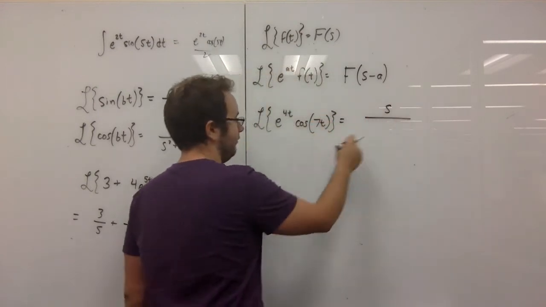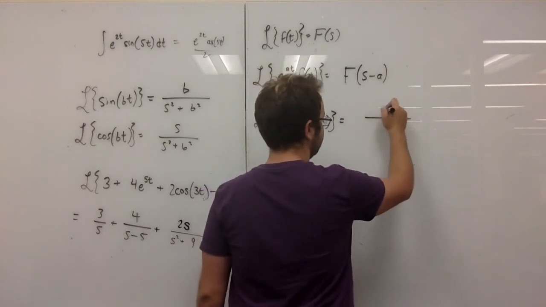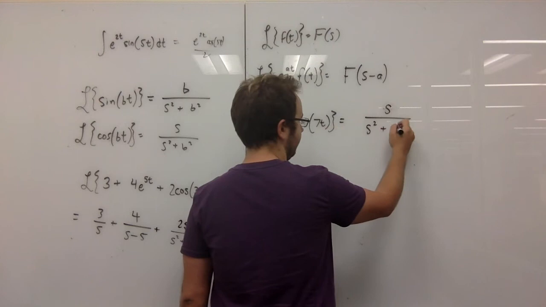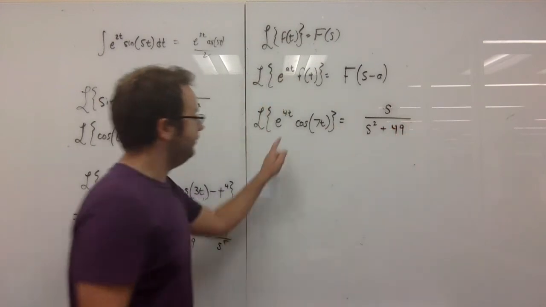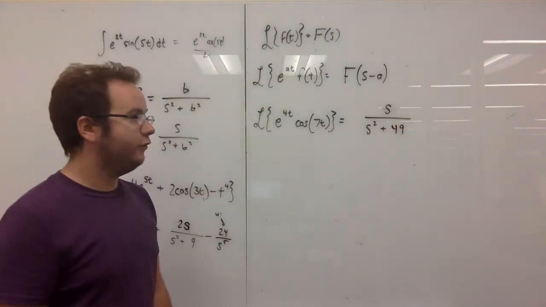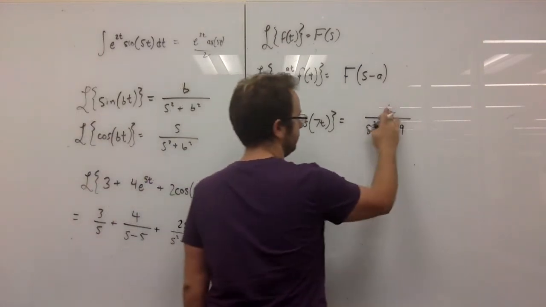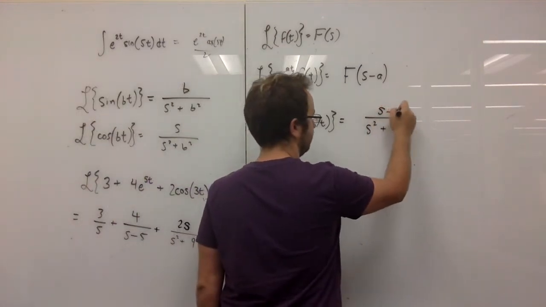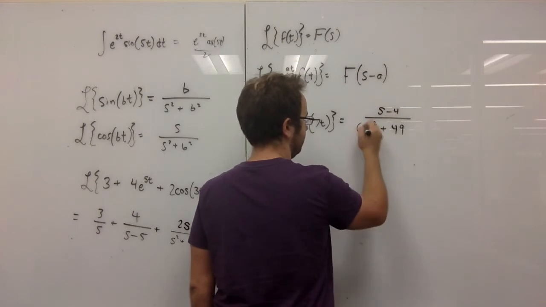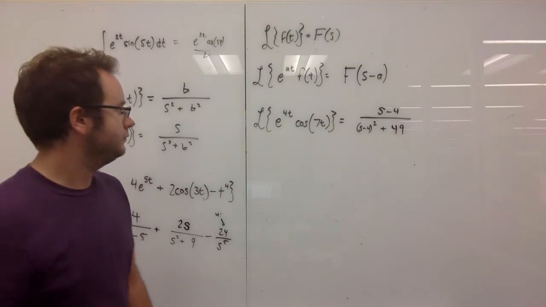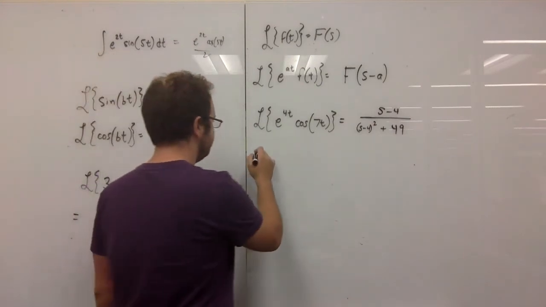So cosine of 7t would be s over s squared plus what? 49. 7 squared is 49. But because this is being multiplied by an e to the 4t, every instance of s gets shifted by 4 units.